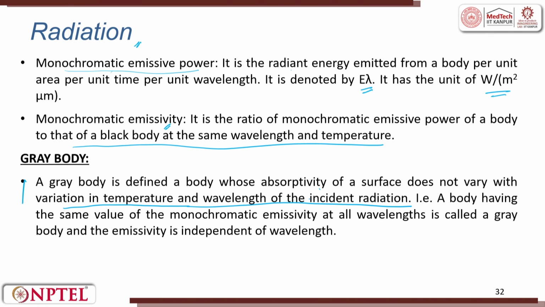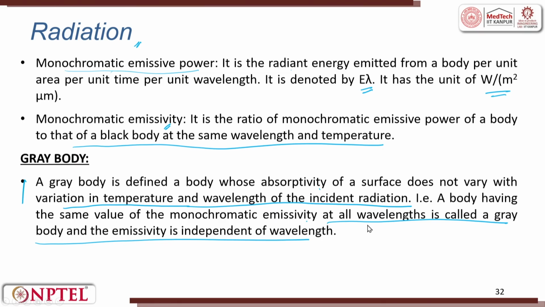Here we were talking about a single monochromatic wave, but immaterial of the variation in temperature and of the incident ray, a body having the same value of monochromatic emissivity at all wavelengths is called a gray body, and the emissivity is independent of wavelength, which is very important. When electricity is passed through an incandescent bulb, the coil is heated and radiates light, which need not be a single color; it can be in any wavelength.